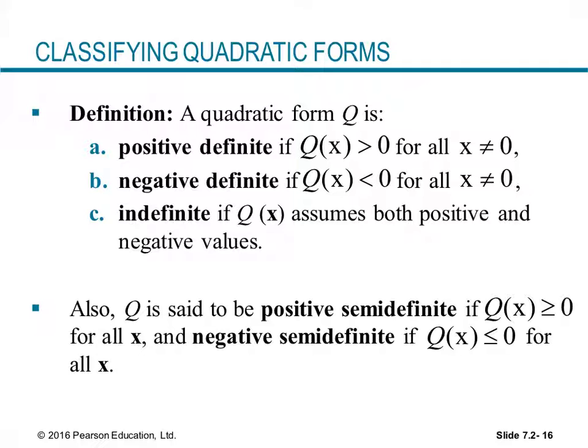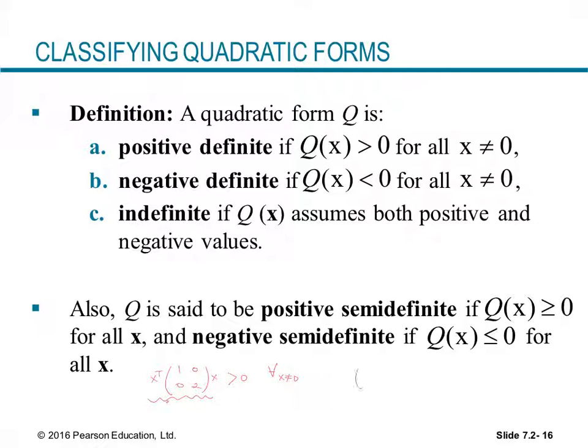For instance, if I consider the matrix 1, 0, 0, 2, then the corresponding quadratic form is always positive for any non-zero x vector. So this quadratic form is positive definite.